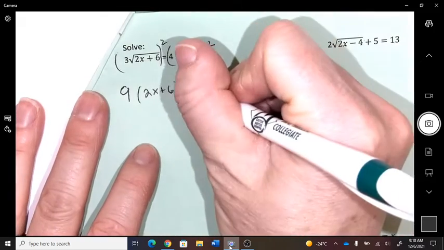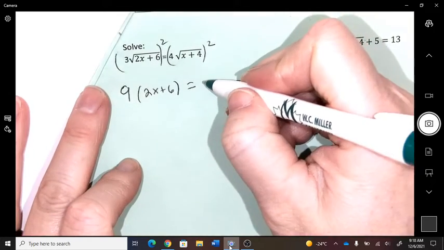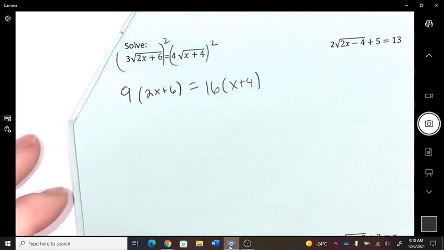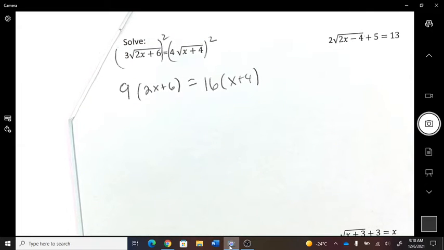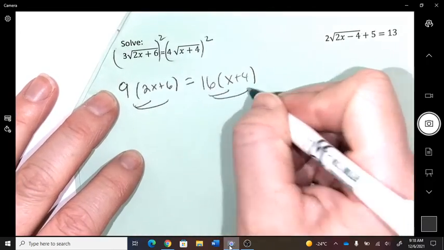Okay, so what do you get on the right-hand side when you square that? So did you get 16 bracket x plus 4? The whole number squares to 16, and the radical squares to disappear the radical. Okay, so I'd like you to now do all your distribution stuff.